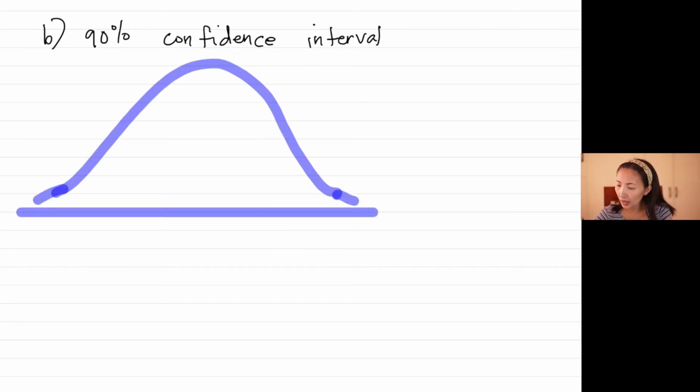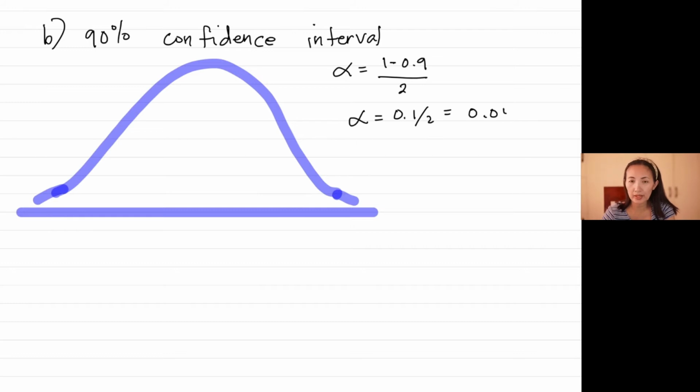So alpha, or the significance level, is 1 minus 0.9 from 90, divided by 2. So alpha is equal to 0.1, and 0.1 over 2 is 0.05. So the area under the tail is 0.05, and in like manner, this is 0.05 also.